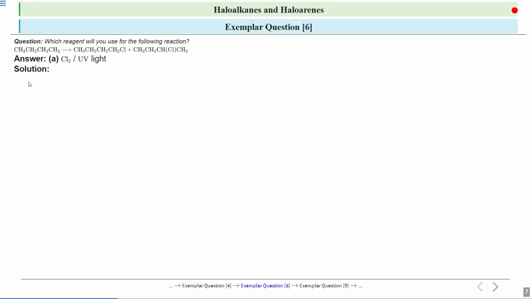So for this question, the correct answer is option A, that is chlorine molecule in the presence of UV light.